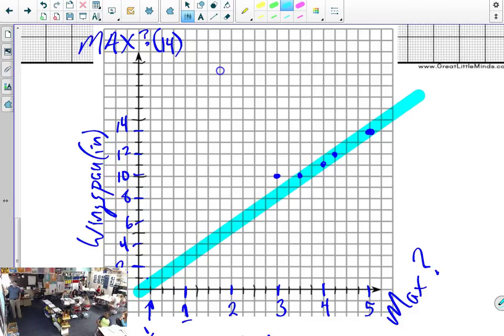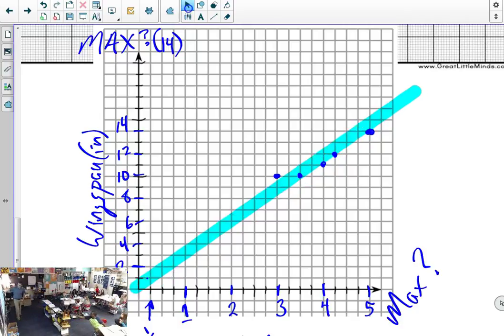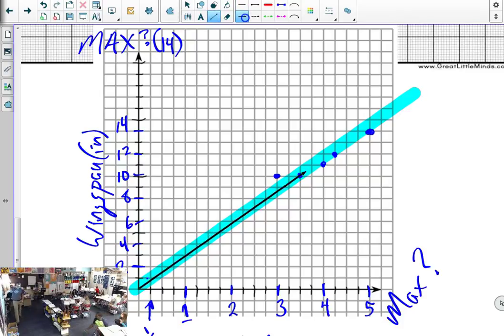Now I know the general way it should look, but then, and this is where I can cheat with a smartboard, and you should use a ruler because you can see through it, I can then move this slightly to try to figure that out. Now, if I'm actually using a precise line, I want to try to get it so that the same amount of points are below it as are above it.